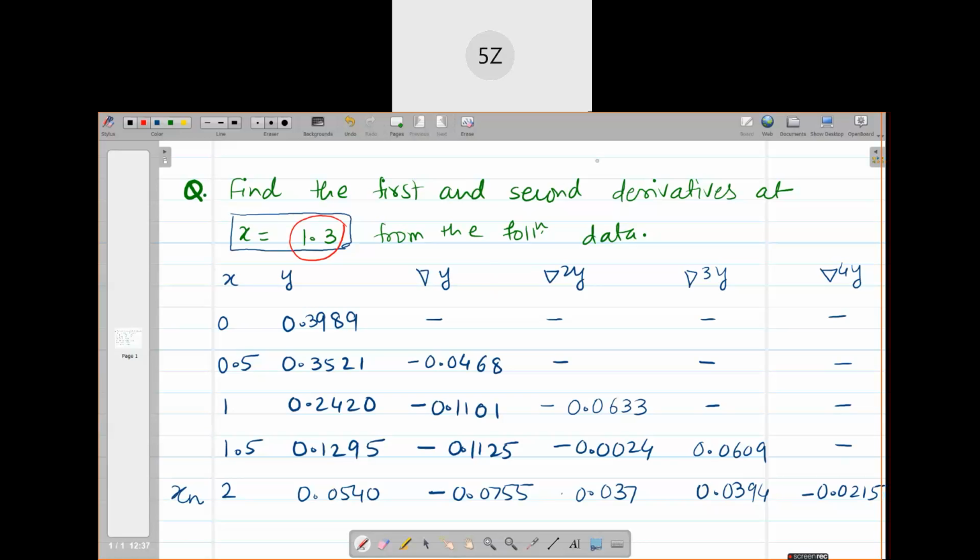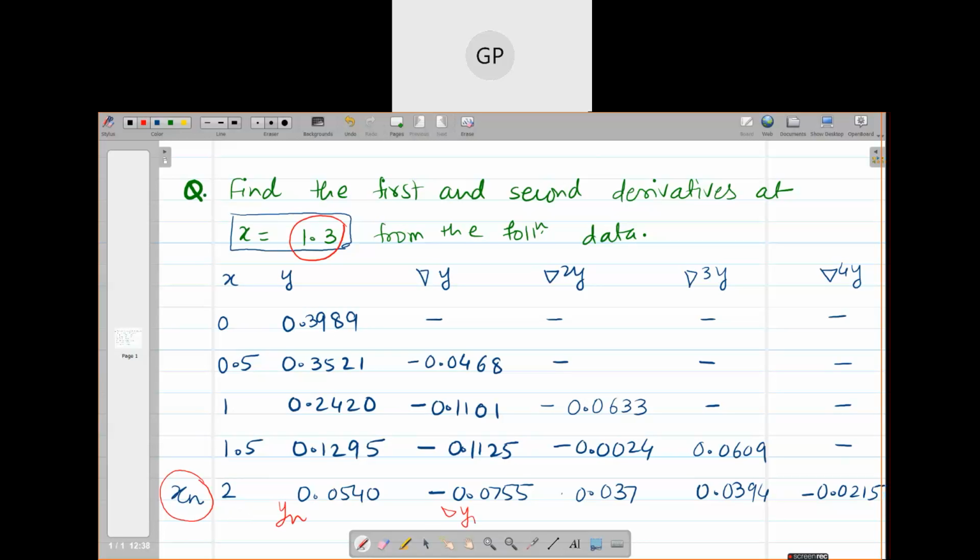Yes, ma'am. In the previous one, we had 1.5 and that is actually in the table. So we set that equal to xn and the corresponding differences we had considered. Now we will consider 2 as our xn, which is originally given to us as xn. This is my yn.